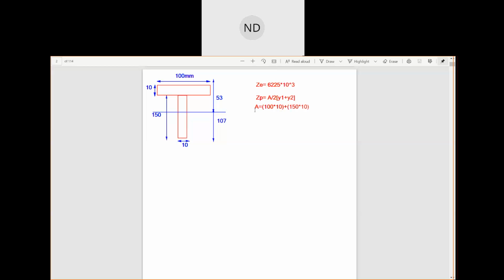This is our total area. That is equal to 2500 mm square.